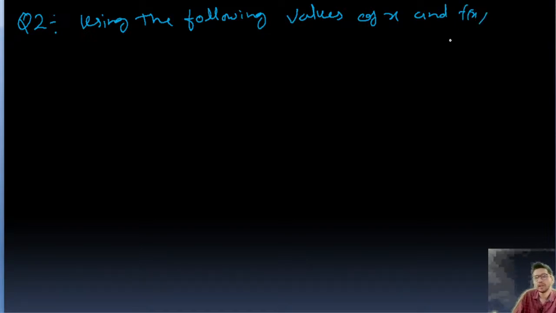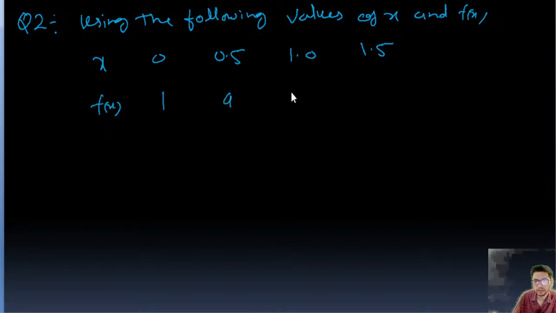So x is given, guys: 0, 0.5, 1.0 and 1.5. And f(x) is given: 1, a, 0, minus 5 by 4.